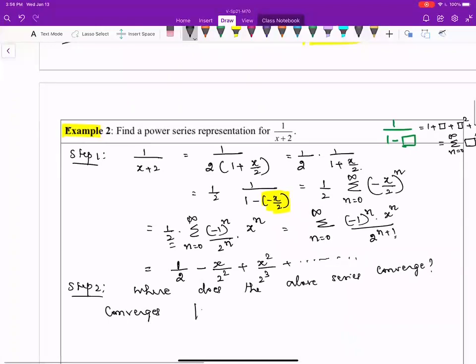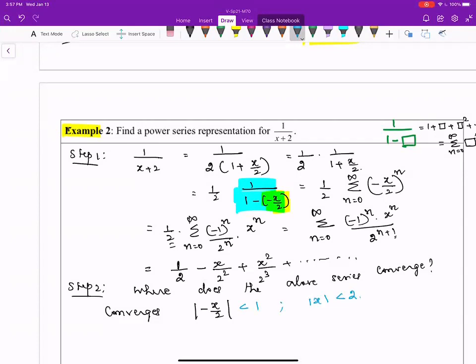What is the common ratio? Negative x over 2, because this part is the geometric series part. So the common ratio is negative x over 2. This absolute negative x over 2 should be less than 1. Or in other words, absolute x should be less than 2.